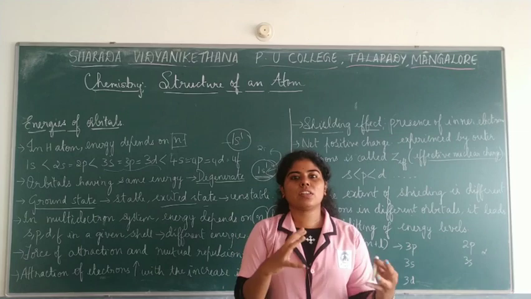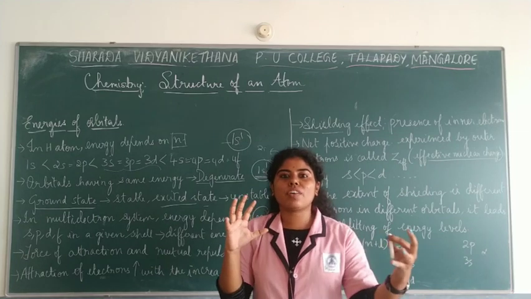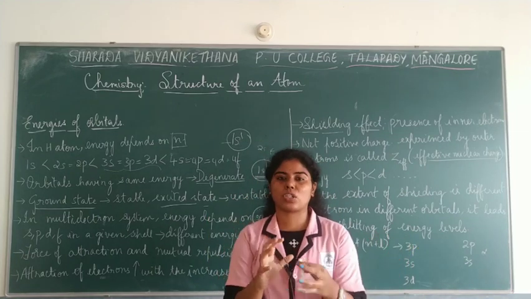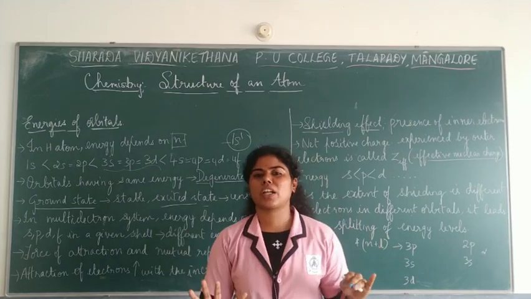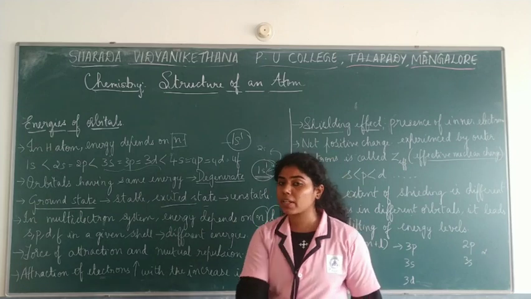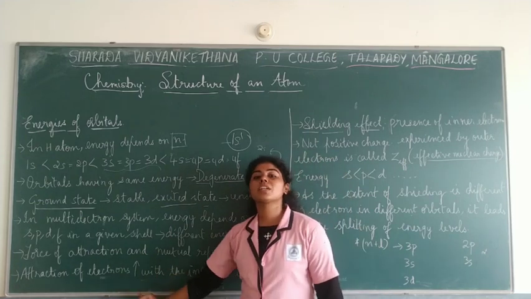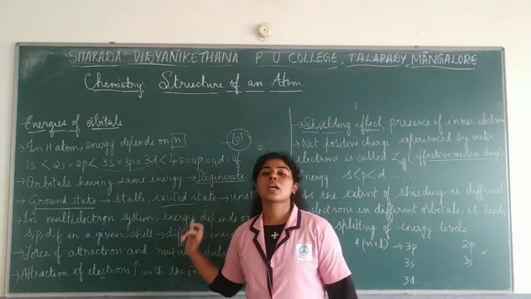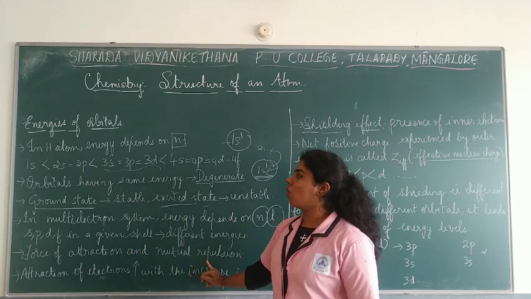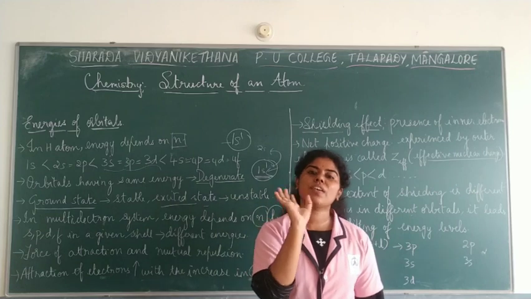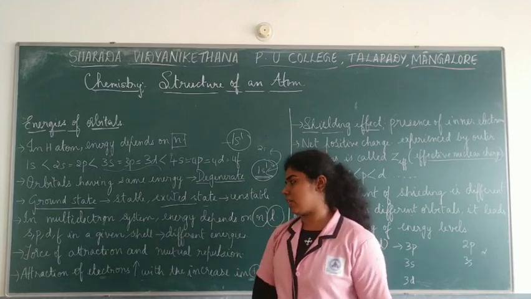It doesn't affect how much force of attraction there is. Repulsion is very small compared to the force of attraction, so we don't count it. But remember that in a multi-electron system there is a force of attraction and also mutual repulsion of an electron with other electrons, whereas in the hydrogen atom there is only the force of attraction by the nucleus.